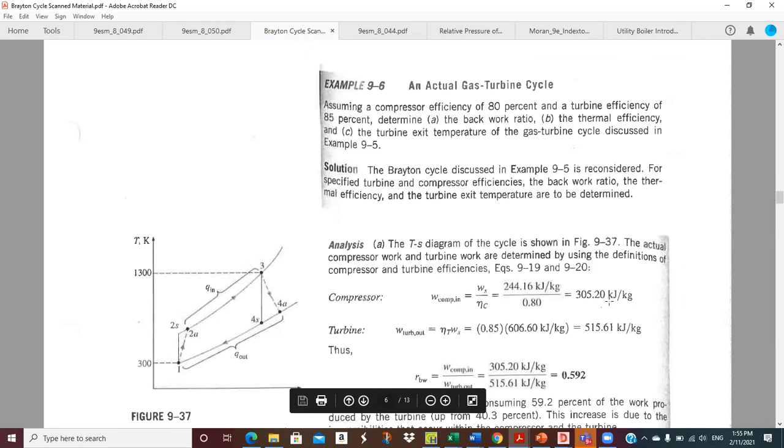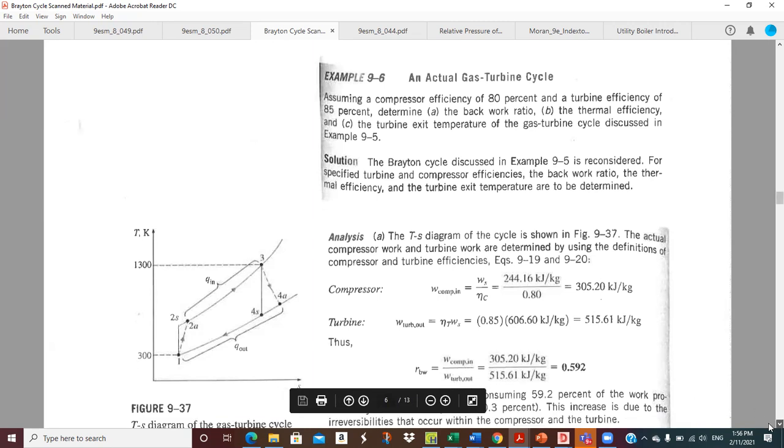The turbine is 85%: the isentropic turbine produced 606.6, but we're only going to get 85% of it. So in the real cycle, the compressor work goes up and the turbine output goes down, and the back work ratio jumps to almost 60%.